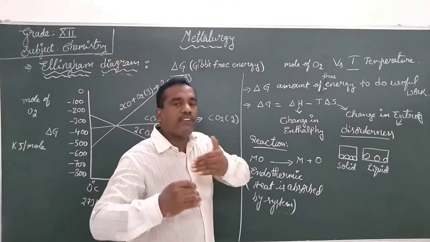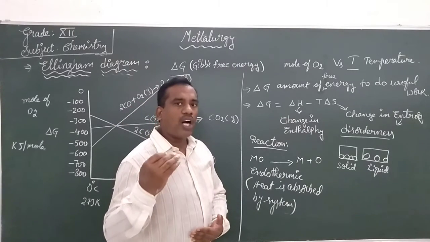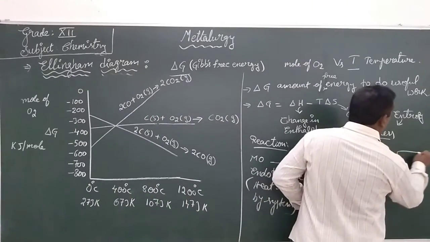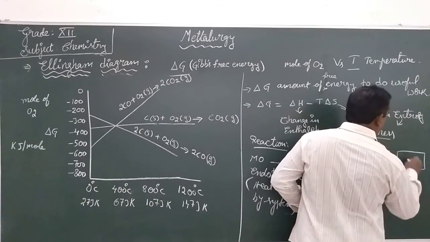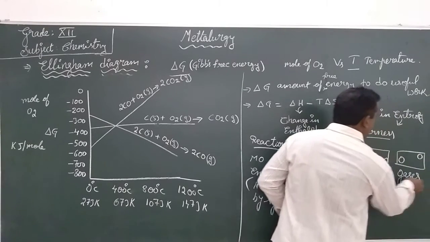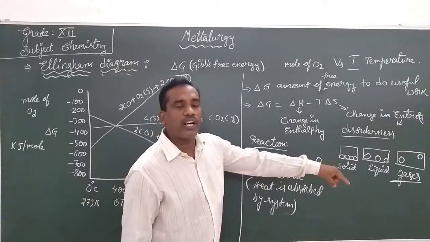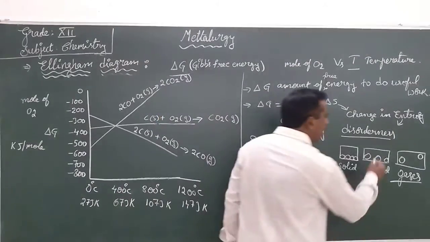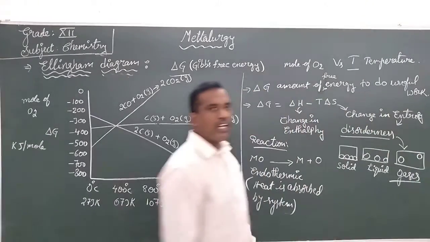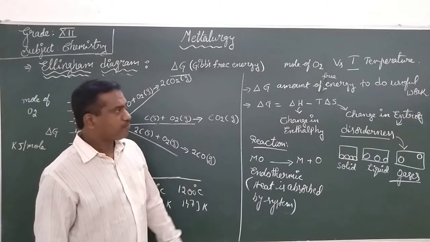If you heat the water to 100 degrees Celsius, into what state will the water particles change? The water particles will change to the gaseous state. In which case is disorderness more? Disorderness is more in the case of gases.